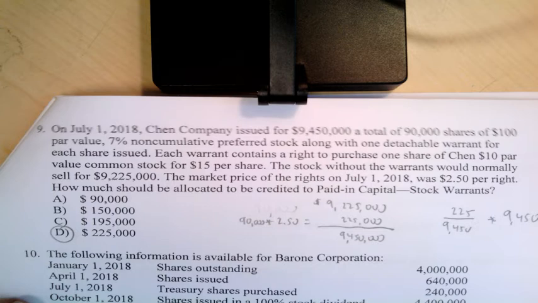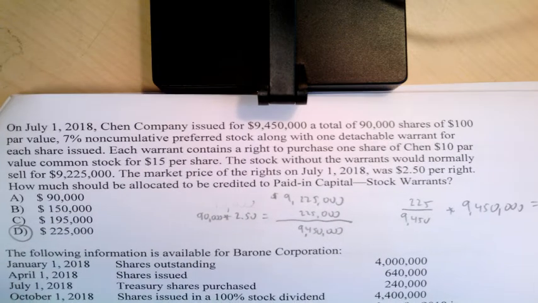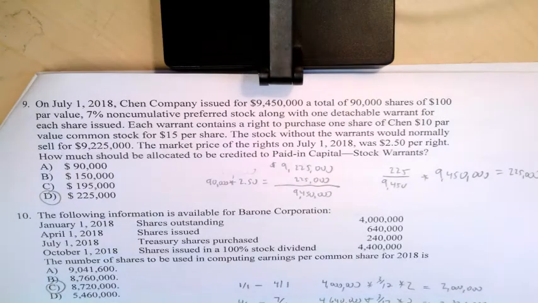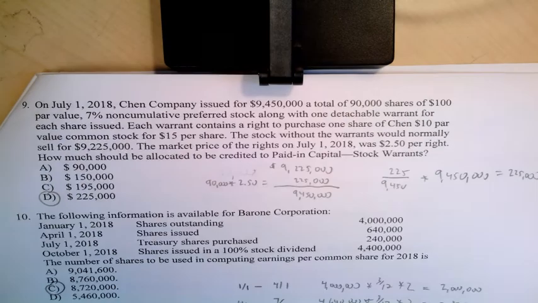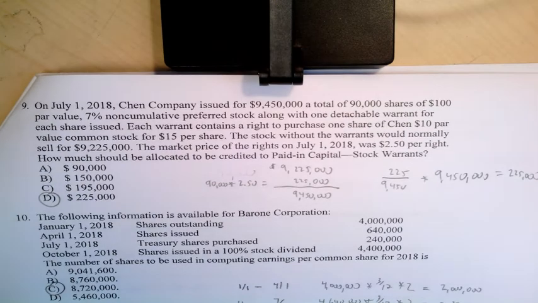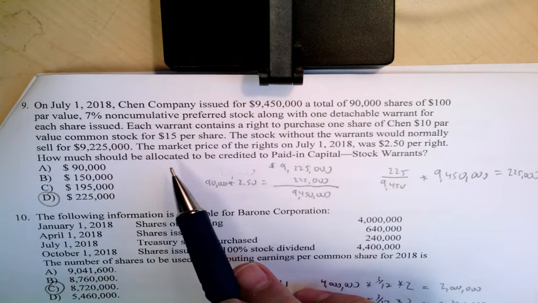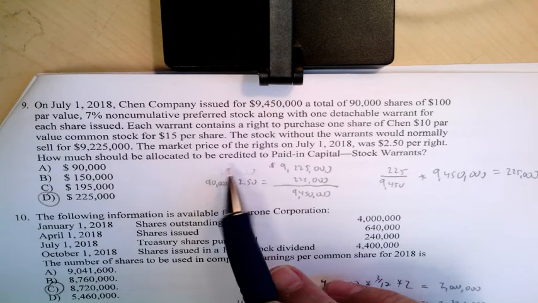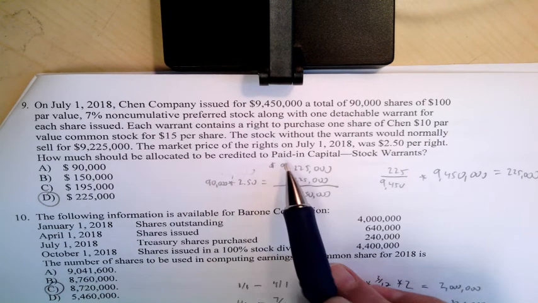All right, next problem. We are going to be issuing stock with warrants. What they want us to know in this problem is how much should be allocated to be credited to paid-in capital stock warrants.